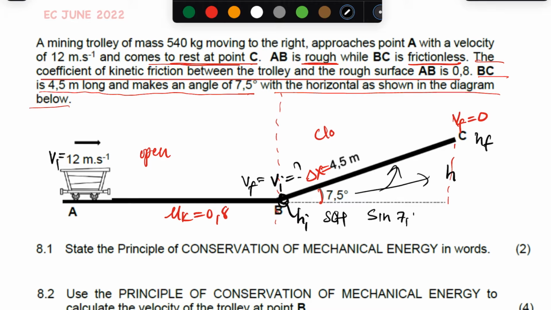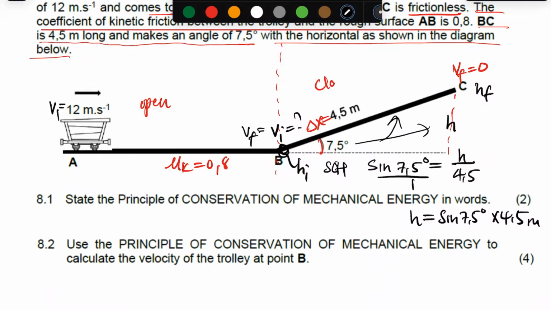So sine 7.5 equals the opposite, which is the height, over the hypotenuse, which is the displacement, 4.5. Then the height is going to be equivalent to sine 7.5 degrees times 4.5, right? That's the height, in meters.